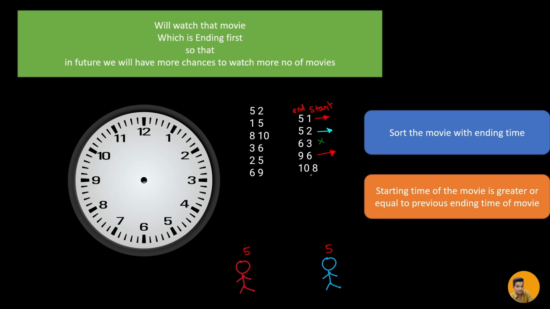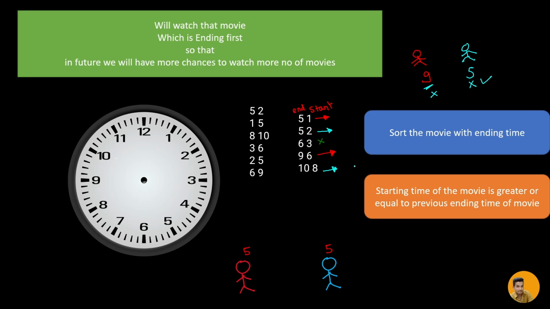This movie starts at 8 and this member is finishing at 9. So our red member is finishing at 9 and our blue member is finishing at 5, right? So can member one watch this movie? No. Can this one watch? Yes.